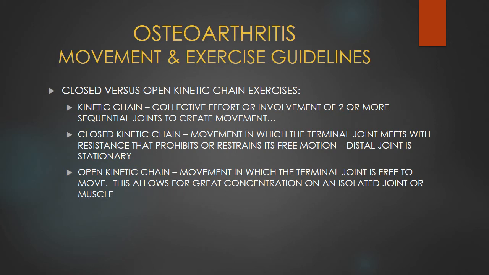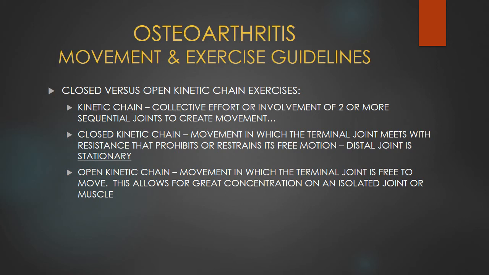Now, we're going to be referring to open and closed kinetic chain exercises throughout this program, so let's just clarify what we mean by open and closed kinetic chain exercises. This is a concept that comes out of exercise physiology. And as a chiropractor, you will understand and agree that the joints and articulations of the body form a series of interrelated linkages that can be referred to as a kinetic chain.